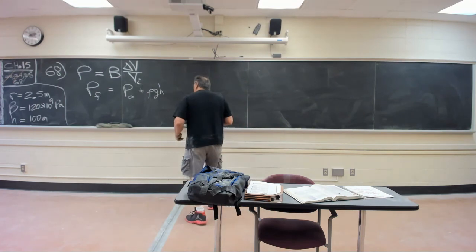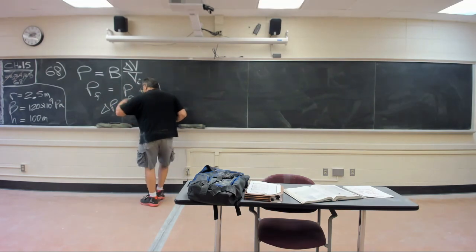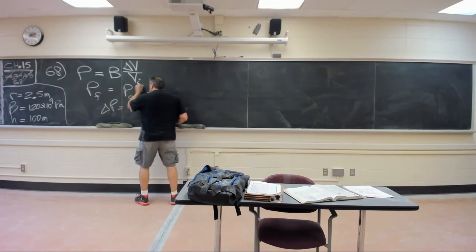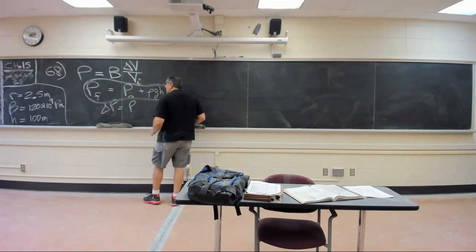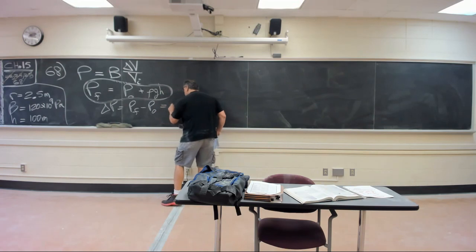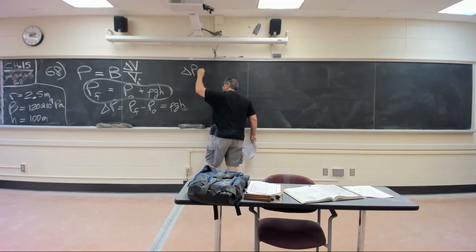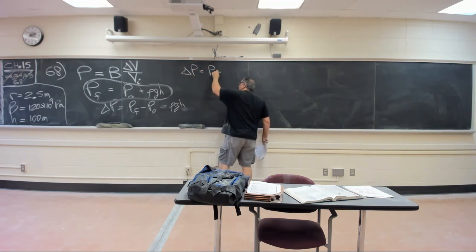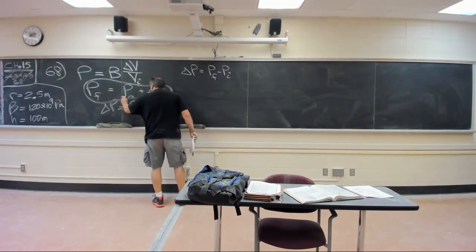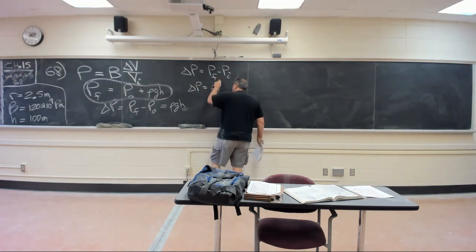What I'm going to do is say delta P is going to be equal to the following. Subtract P naught on each side. Delta P is the change in pressure. If you subtract P naught on each side, you've got rho g h.